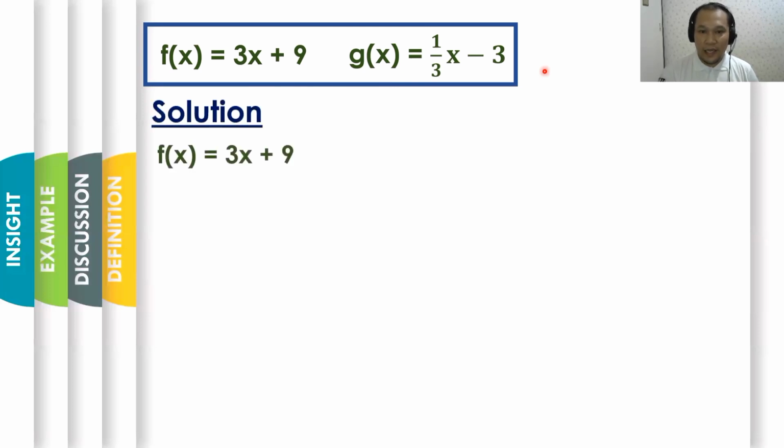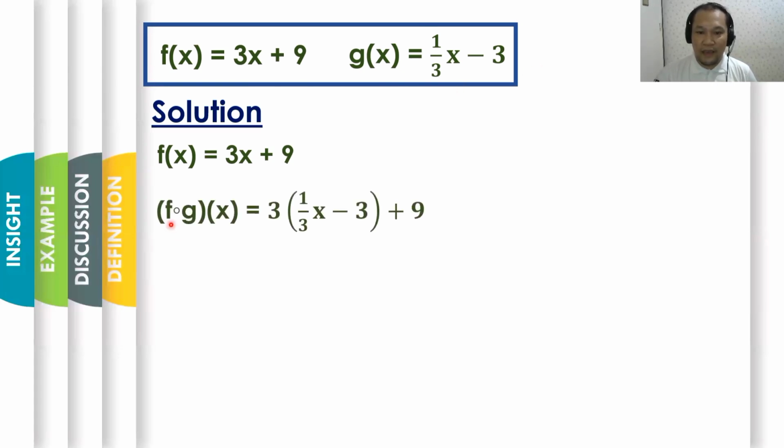Then, if the given is f of x equal to 3x plus 9, and we are looking for f composite of g, then our x here in 3x plus 9 will be replaced by g of x, and that is 1/3 x minus 3. Okay, thus we have 3 times the quantity 1/3 x minus 3, plus 9.